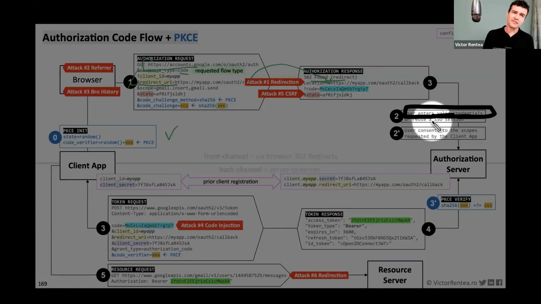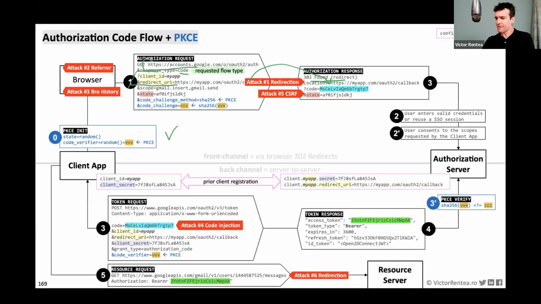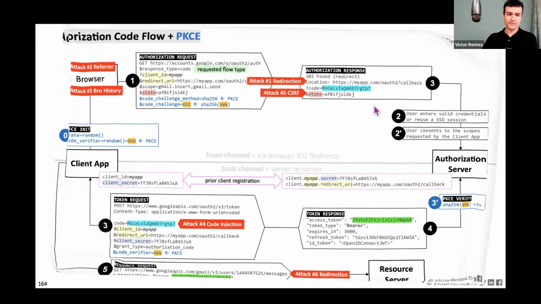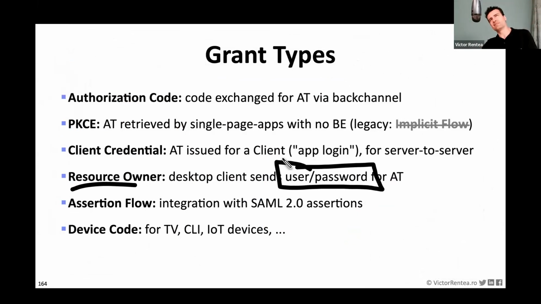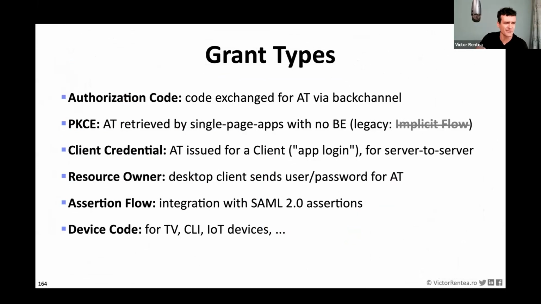What, in a header? It's wild. It's doable, but it's a different grant type. It's called a password grant or resource owner, in which you actually send the user password. If you want to impersonate the user, you send the user password, then you get back an access token directly, right? But that's not, no, we don't take the right path. At the end, let's try again this question at the end.